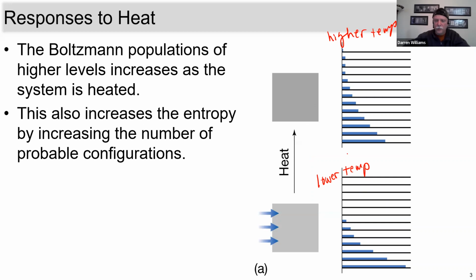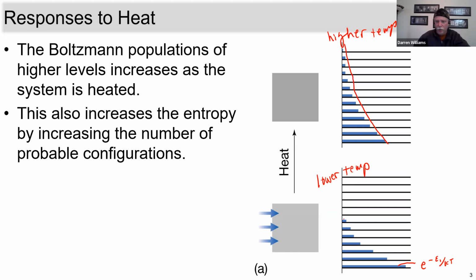If these are the individual Boltzmann factors, like this is e to the minus E1 over KT, you can calculate them as we increase the temperature. Then this factor shrinks relative to all of the other factors, and we have a more gradual fall off.